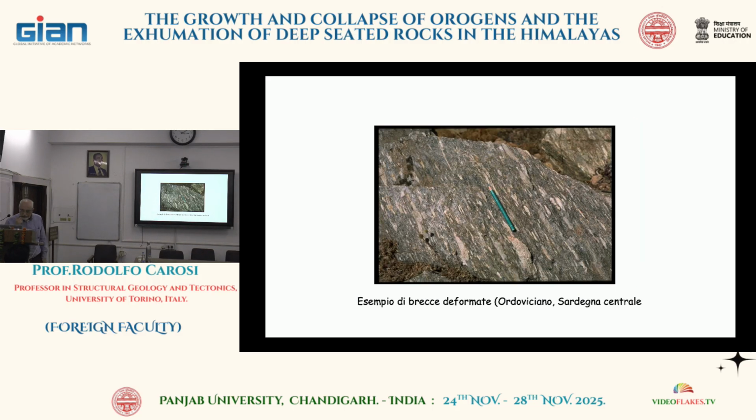Just two examples of deformed objects. We are in Sardinia, in the Nappe zone, in the central part, in between the foreland and the hinterland, and there are volcanic breccias deformed during the Carboniferous. You can see that the clasts are strongly deformed and aligned in the same direction. So the strain is very high, and what we can say is that the strain is higher than the initial axial ratio of the objects, because they are all aligned in the same direction.